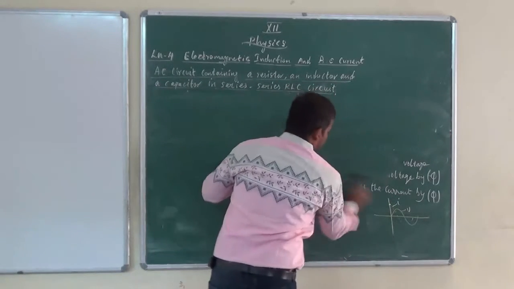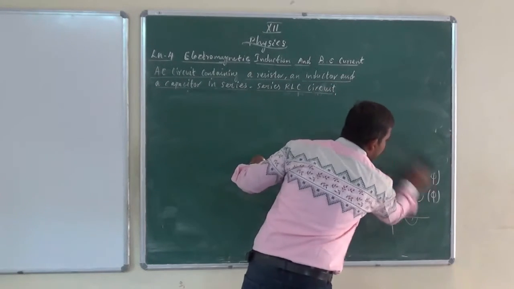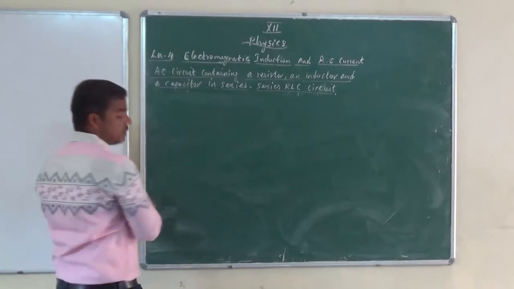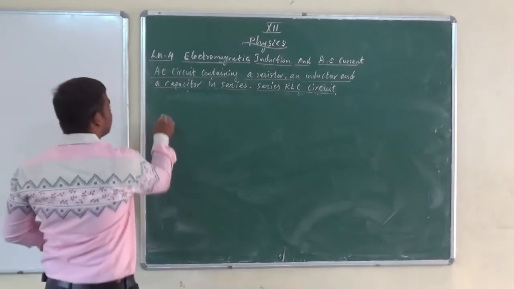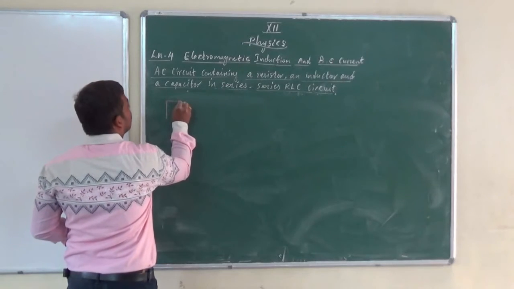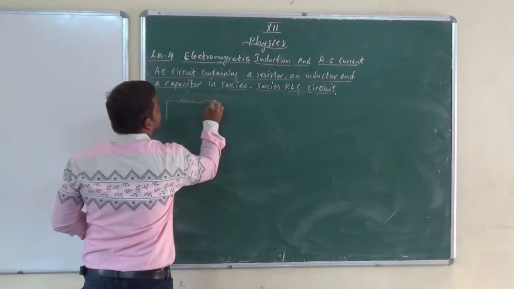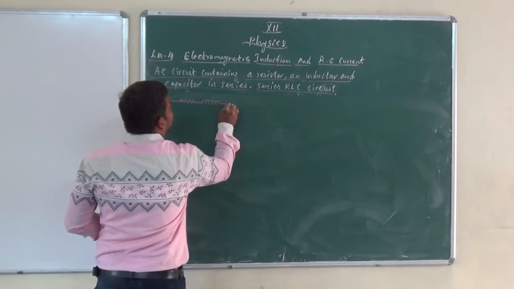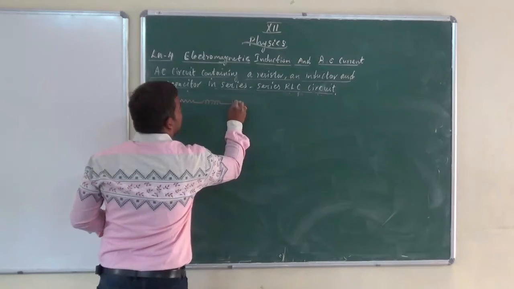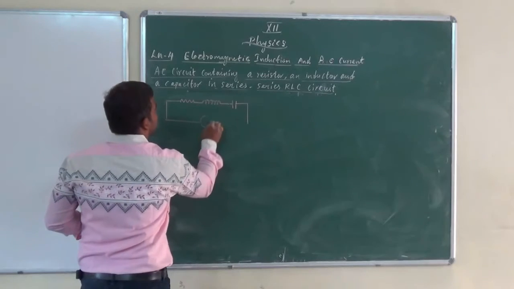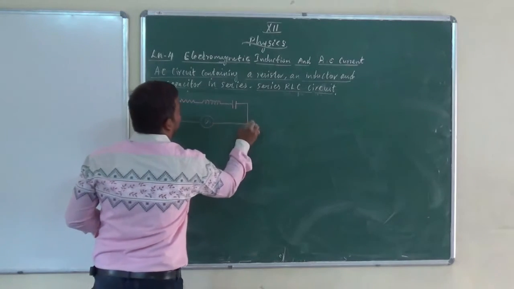Okay. So next, finally, we want to discuss how the current leads in the phasor diagram and triangle diagram. So once again, draw the diagram. See the diagram. Resistor, inductor, capacitor connected to an alternating source of EMF or voltage.